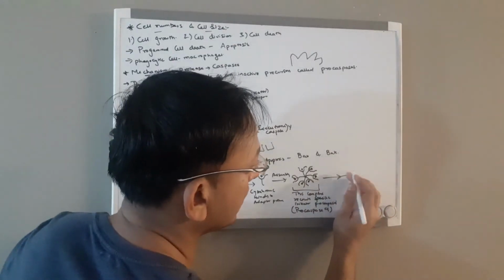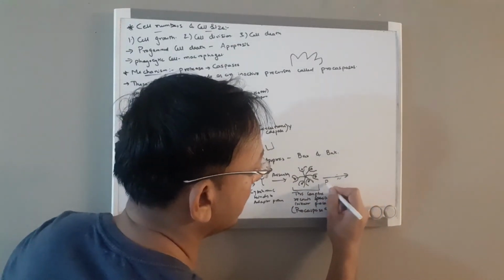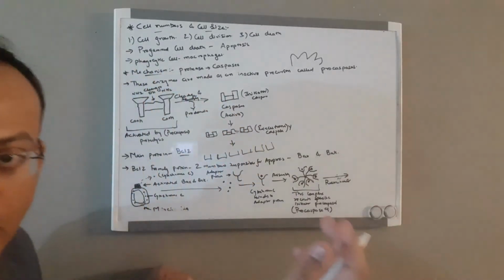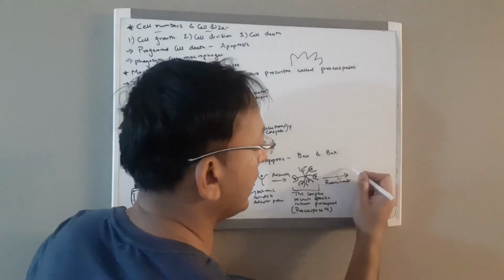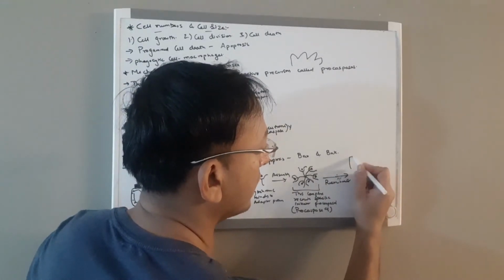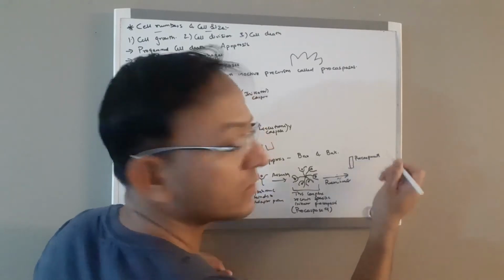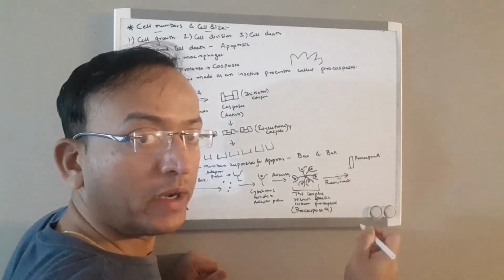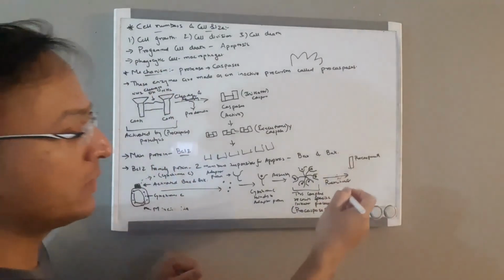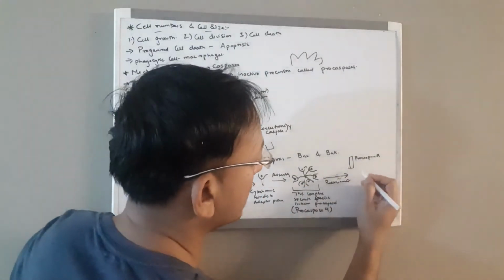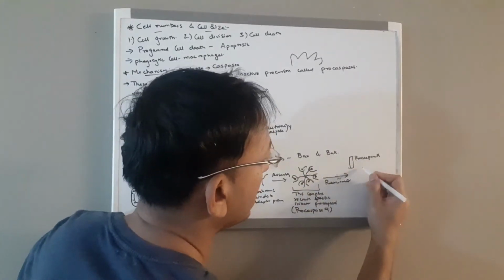So now I'll just make a long one right here. A recruitment, for example, and this is our procaspase 9. So this is the procaspase 9 recruitment, and this is when it is recruited.